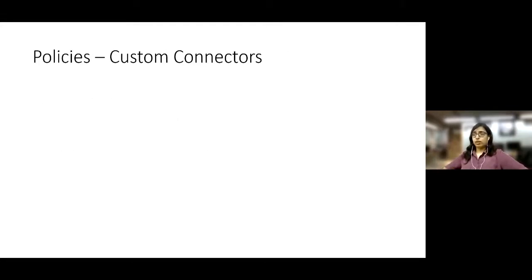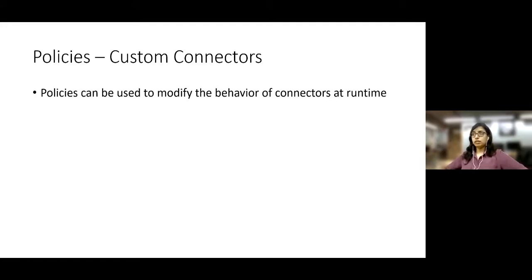All right, then what are policies when you configure custom connectors? For example, if you want to use some runtime variables from the user in the flow, that is how you can use policies. To use runtime options for your custom connector, you need to use policies.